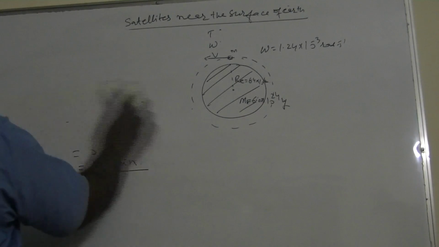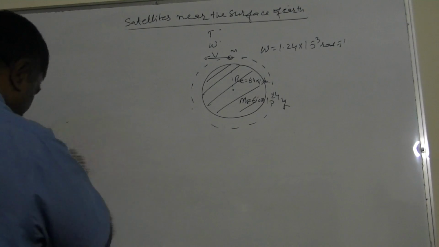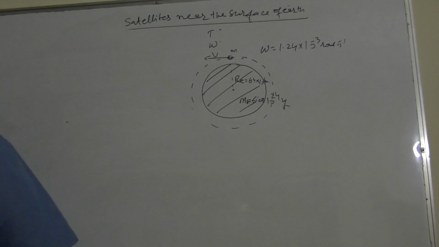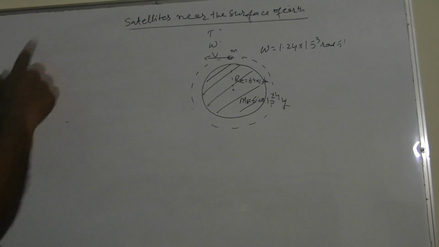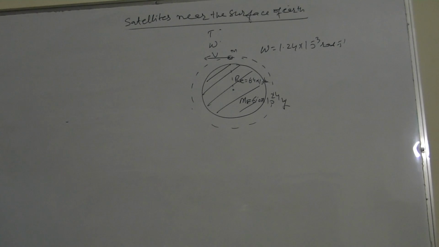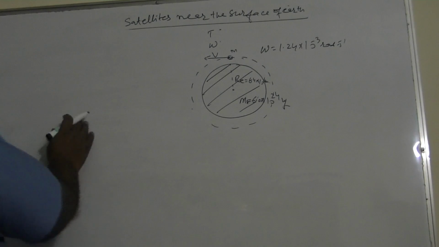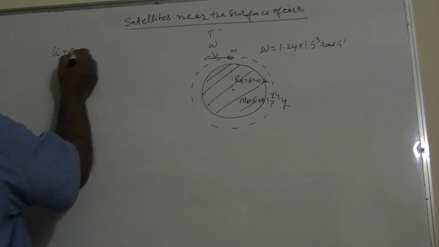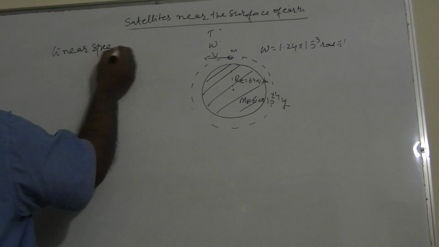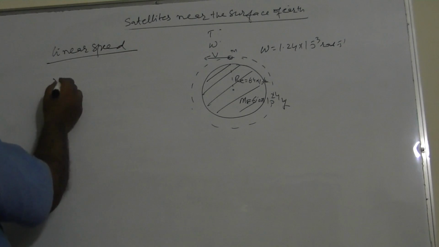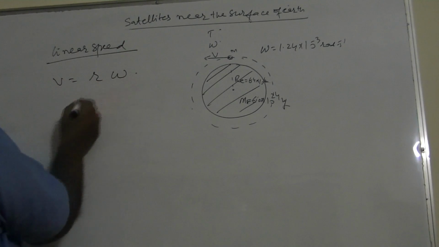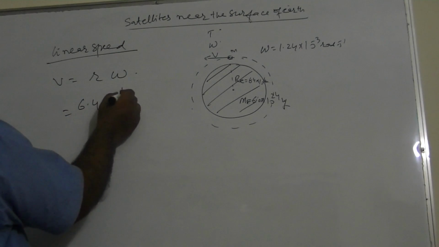Now let us see what the linear speed is. Linear speed must be very, very high, because it is taking only 1.5 hours to move around the Earth. So its speed must be very high. I want to calculate the linear speed of such satellites. Now linear speed v is equal to r omega. r is the orbital radius, which is 6.4 into 10 power 6.